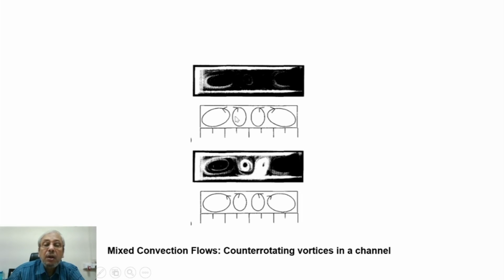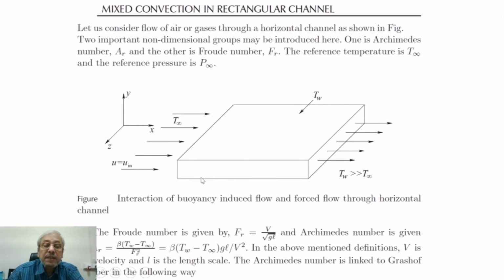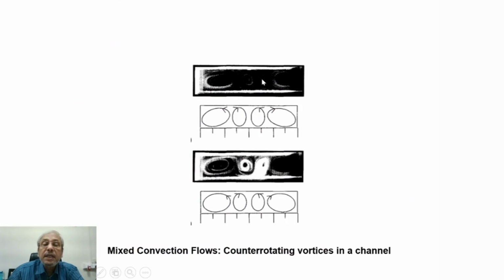If we look at the two side-by-side vortices here, this is experimental, this is theoretical, we will see the presence of counter-rotating vortices. So basically this is the geometry. That means at each cross plane we will be able to see such counter-rotating vortices in the channel.